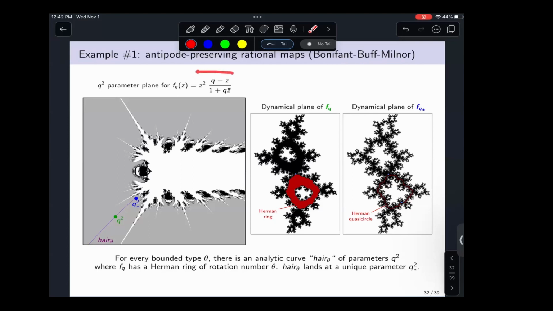And the formula is given as such. This is characterized by the fact that it commutes with the antipodal map. The antipodal map here is -1 over z bar, if I'm not mistaken, where basically it maps points on the sphere onto the antipodal opposites.